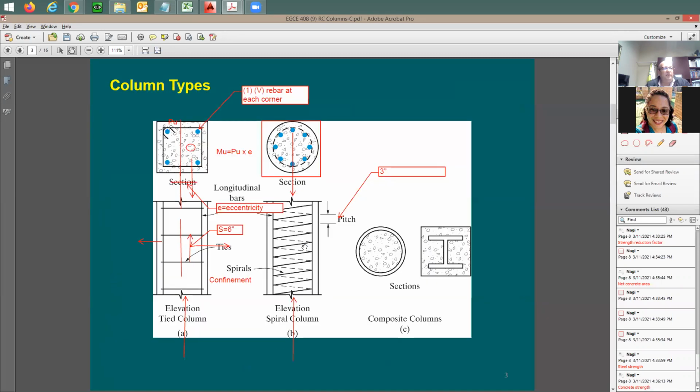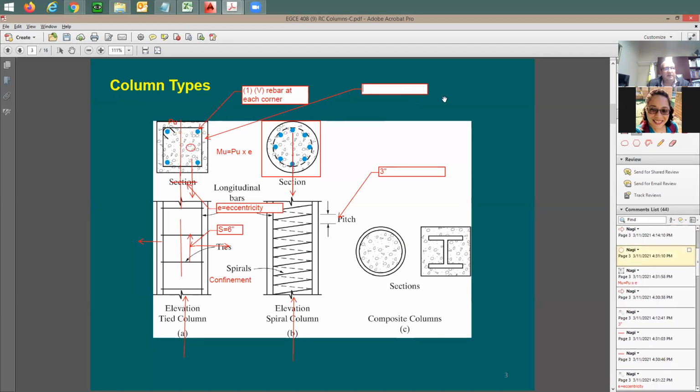Let me do a quick example here. Let's say I have a tied column. Just quick numerical values. For example, let's say the column size is 12 by 16. I have 6 number 7 bars.